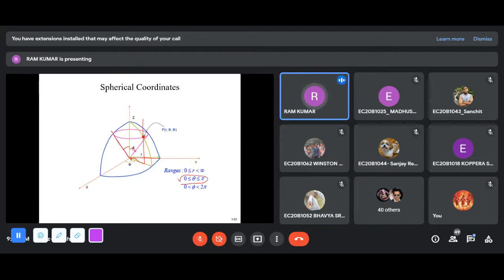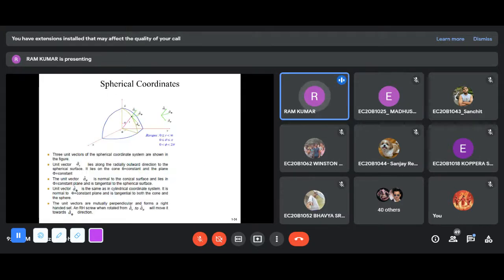The phi is actually 0 to 2 pi, because you could not go with an angle like this for phi. As we know, phi is the angle between the x-axis and the line to the point where you are going to measure your field. Just remember the parameters of the spherical coordinate system: r, theta, and phi.